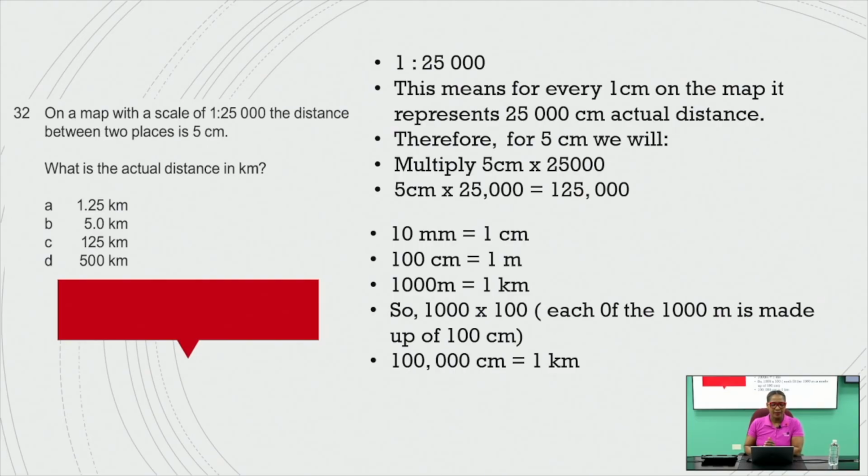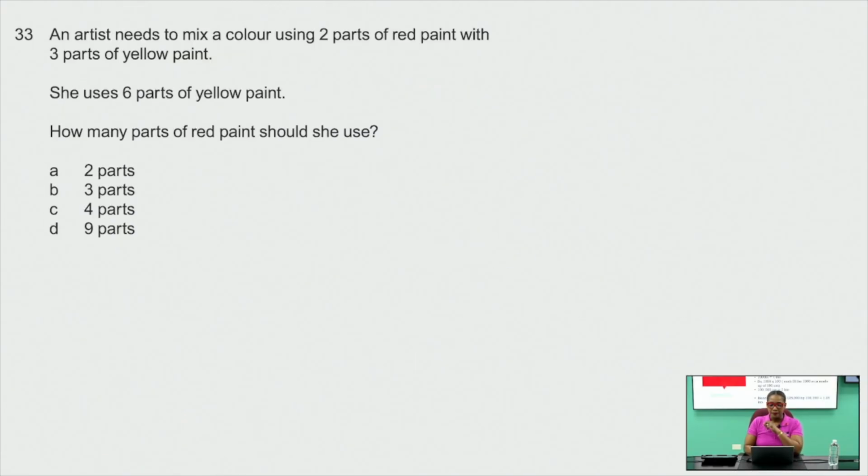And I did just that. So you see 100,000 centimeters equal 1 kilometer. I do my division and I get 1.25 kilometers is the actual distance on land if it is represented by 5 centimeters on the map. And that's that. You just did scale drawing.